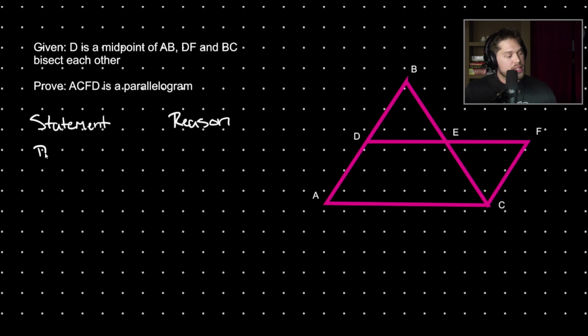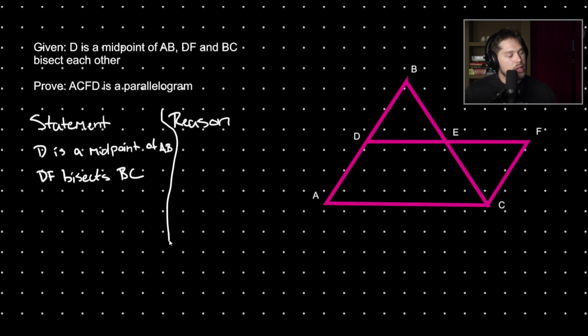So we're going to say D is a midpoint of AB. DF bisects BC. And we want to prove that ACFD is a parallelogram.